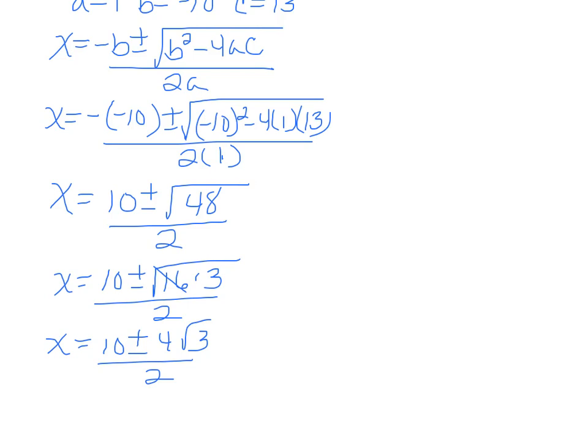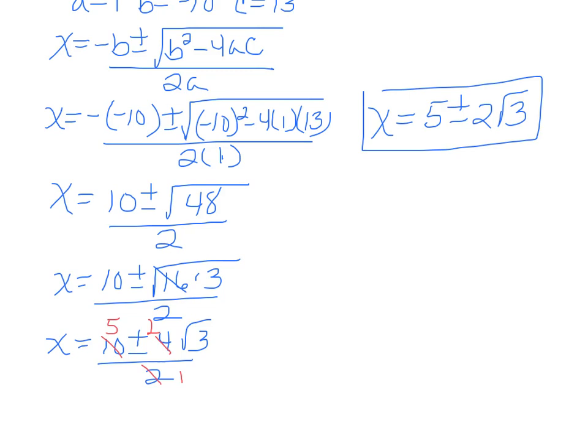Let's look at all the leading coefficients. Oh yeah, by 2. 2 goes into 2 once, into 4 twice, into 10 5 times. So my answer in simplest radical form will be x equals 5 plus or minus 2 radical 3 over 1, but when the 1 is in the denominator, I don't need it.